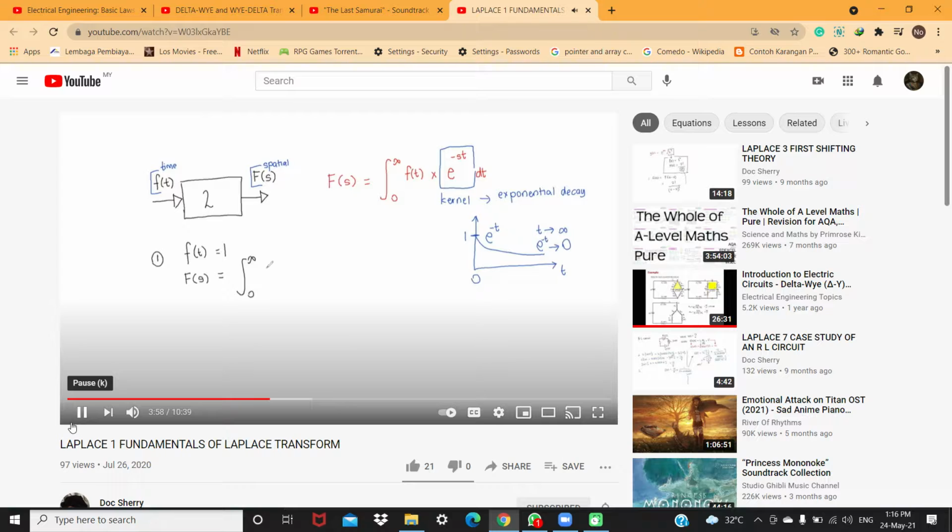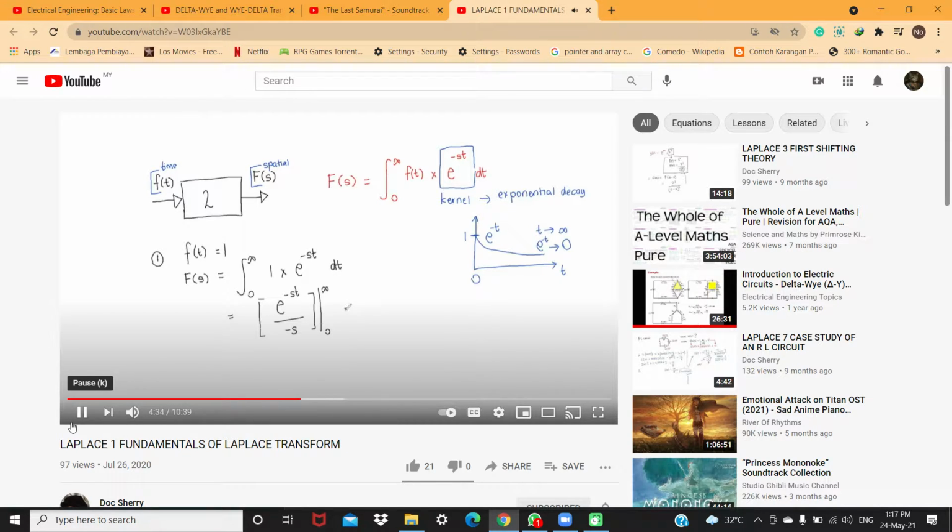We take the input signal itself, which is 1, multiply with the kernel function, exponential to the power of minus st, and don't forget your dt here. The answer to this will be exponential to the power of minus st over minus s, and the whole thing must vary between the limits, from 0 to infinity.